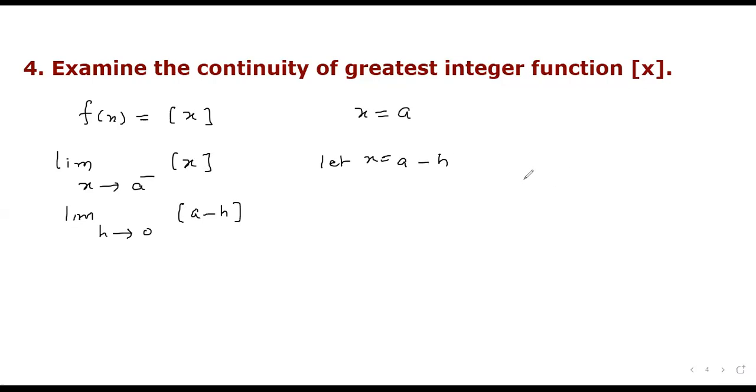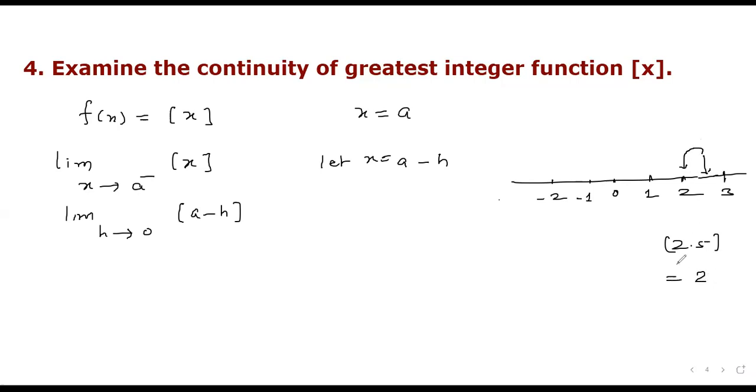The property of the greatest integer is that, suppose this is 0, this is negative 1, this is minus 2, and similarly the other numbers here: suppose this is 1, this is 2, this is 3, etc. Suppose we have 2.5, its greatest integer will be the previous whole number, so the answer will be 2.